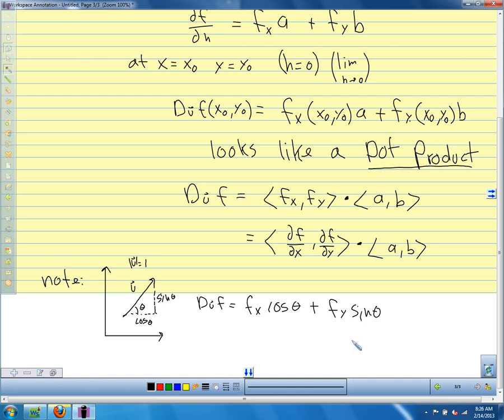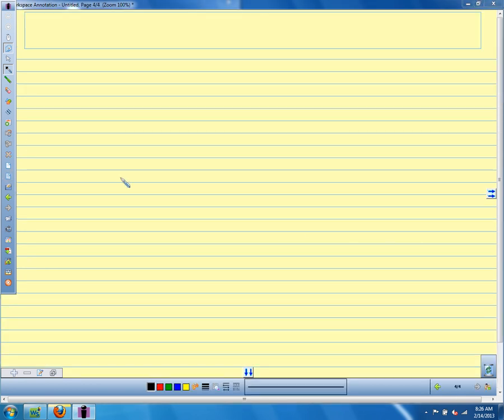Now the operation of using the directional derivative comes up so frequently that mathematicians came up with a method of computing it quickly, and it has its own symbol. So we get to learn a new symbol today. Because this comes up so frequently, we're going to define the gradient vector.